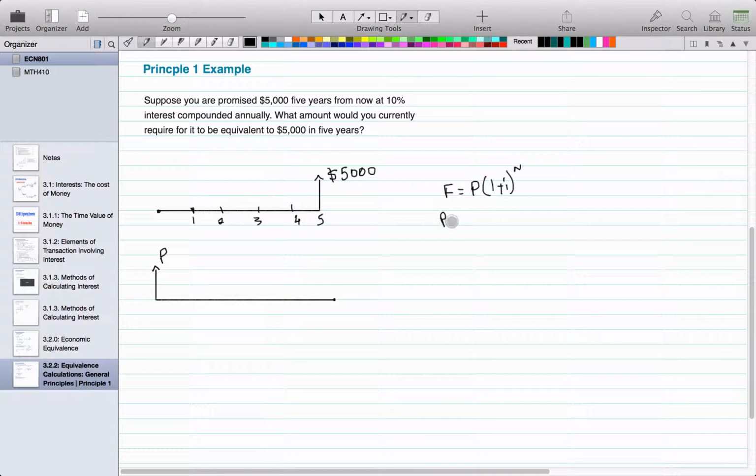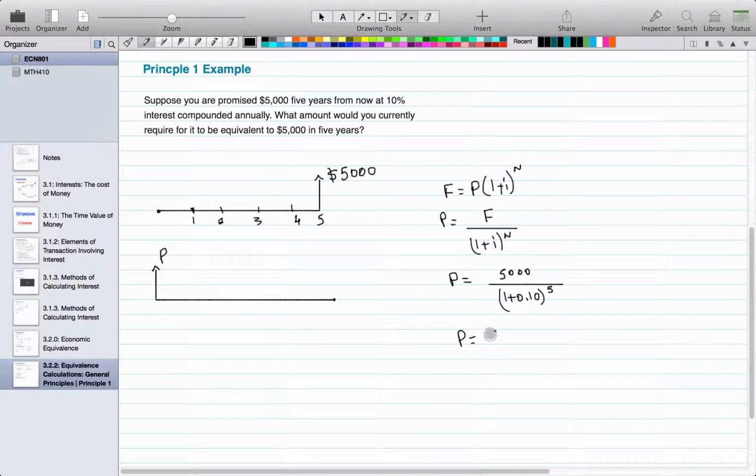So P is equal to F over (1 + i) to the power of n, and P is then equal to 5,000, which is our future value, divided by (1 + 0.10) to the power of 5.